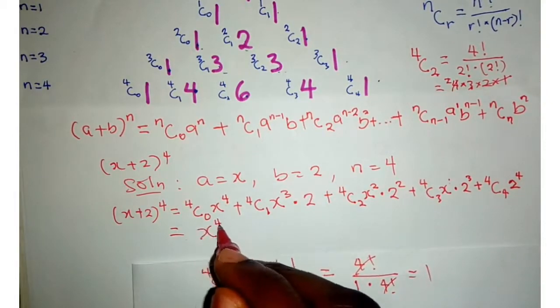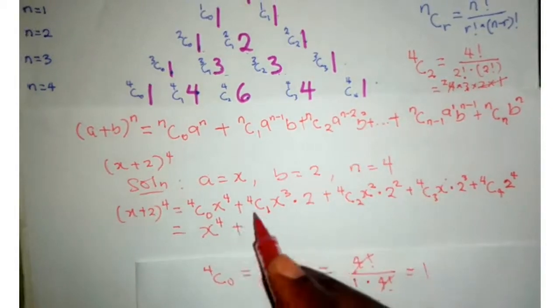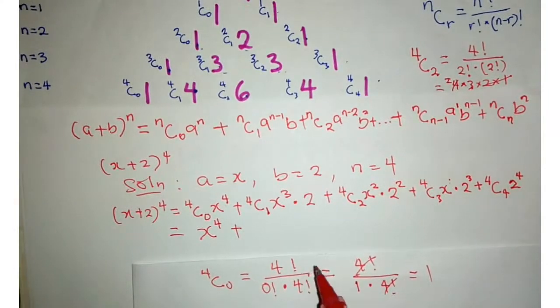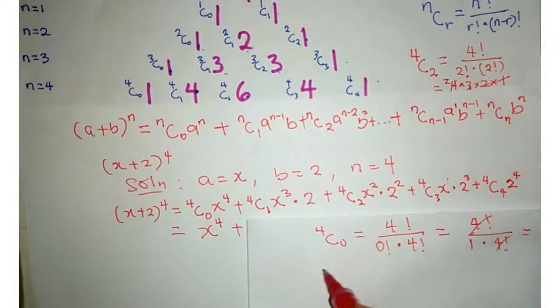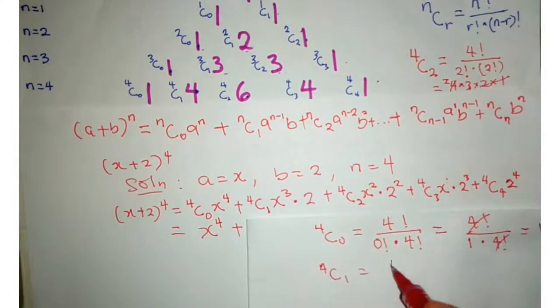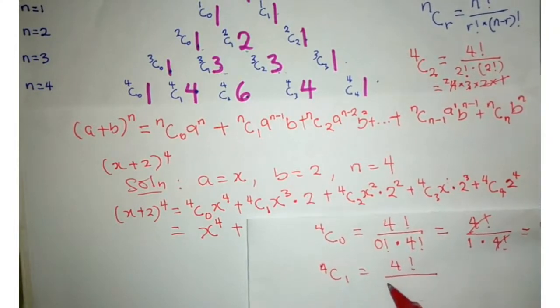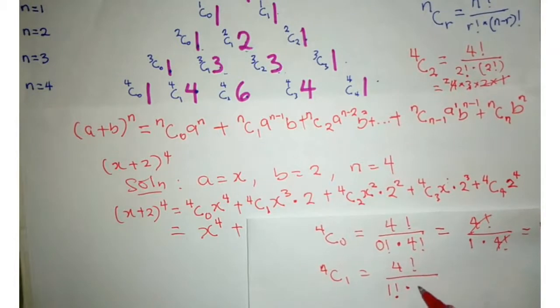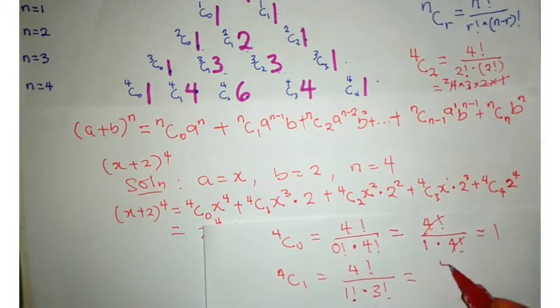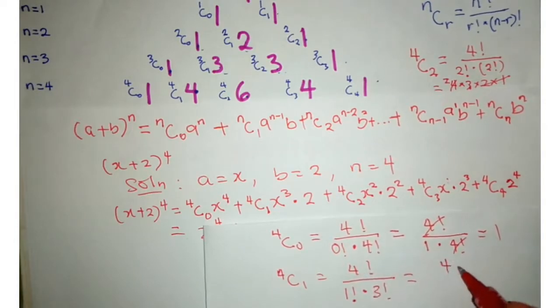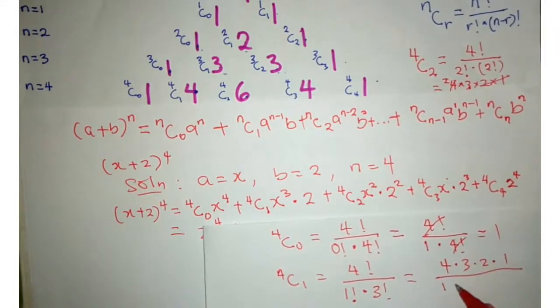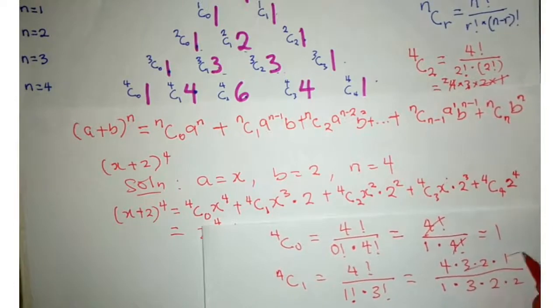This gives x raised to the power of 4 plus 4 combination 1. By definition, that is 4 factorial over 1 factorial times (4 minus 1) factorial, which is 3 factorial. And that gives us 4 factorial, which is 4 times 3 times 2 times 1, over 1 factorial, which is 1, times 3 factorial, which equals 3 times 2 times 1. So this cancels this, and we have 4 left.